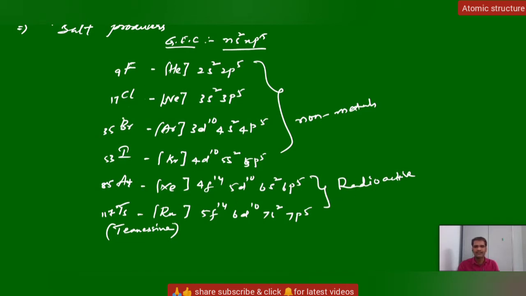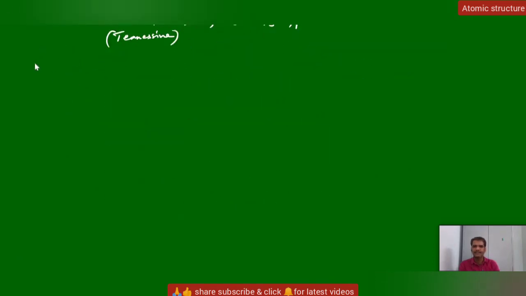Our main focus is on the first four, fluorine, chlorine, bromine and iodine. The important general properties and chemical properties, everything we will discuss about these first four elements.